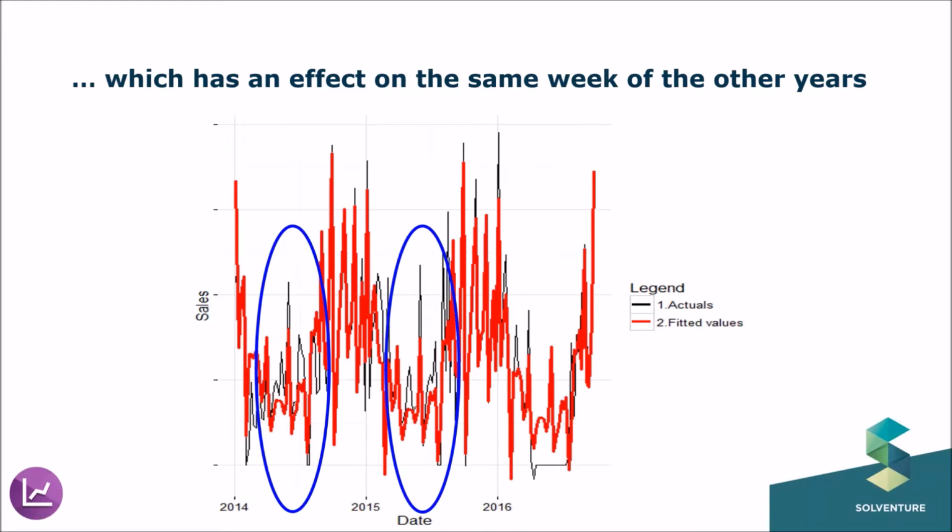So some companies would just try to fill in something for the black line and say, maybe I will just copy the sales of the last year in 2016 to make my original data better.